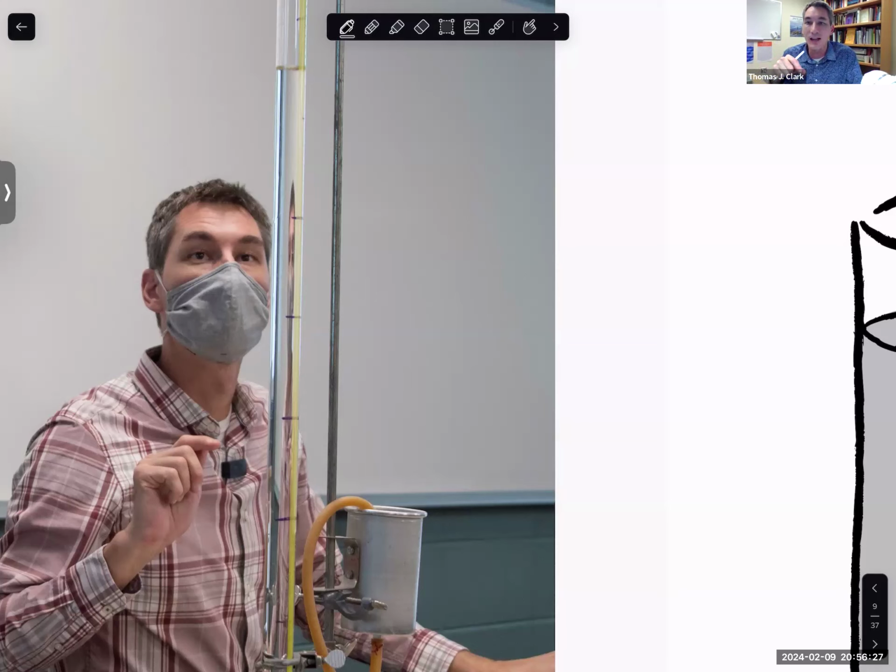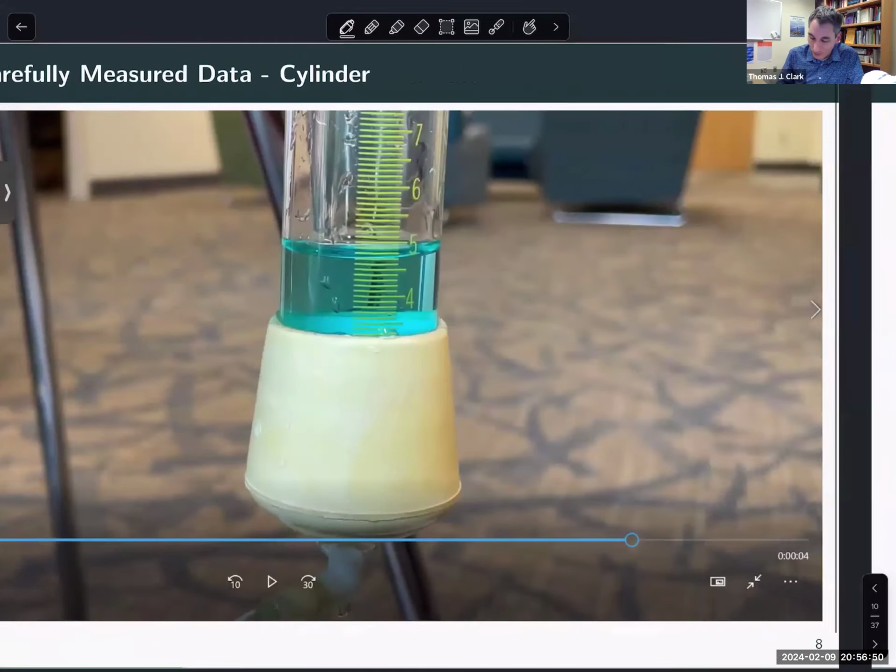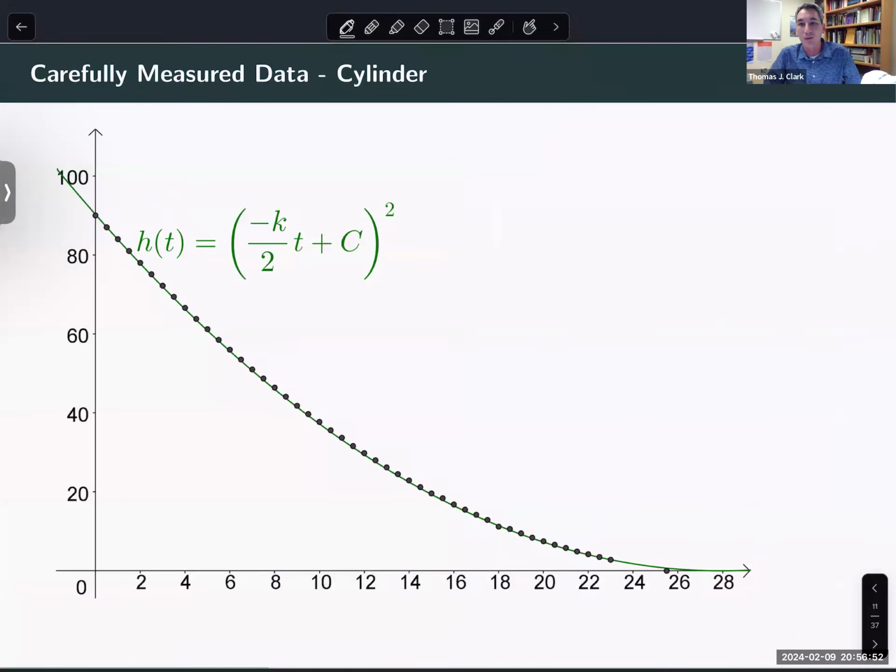Now it has a lot of error in it because of the nature of the thing, but they collect the data, click, click, click, click, right? You kind of see it go down, and then you can just plot that, and you see the quadratic. It's just as plain as day. Then I say, well, if we had a little more time, we could get a better data set, and we plot that on there too.